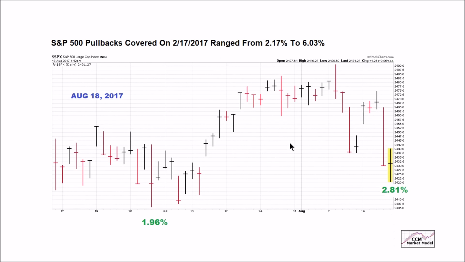This chart, S&P 500 daily with high-low close as of August 18, 2017. The pullback from this high here to this low was less than 2%. That's 100% normal and to be expected volatility within the context of an ongoing uptrend. And the present pullback has not even hit 3% as of August 18th.